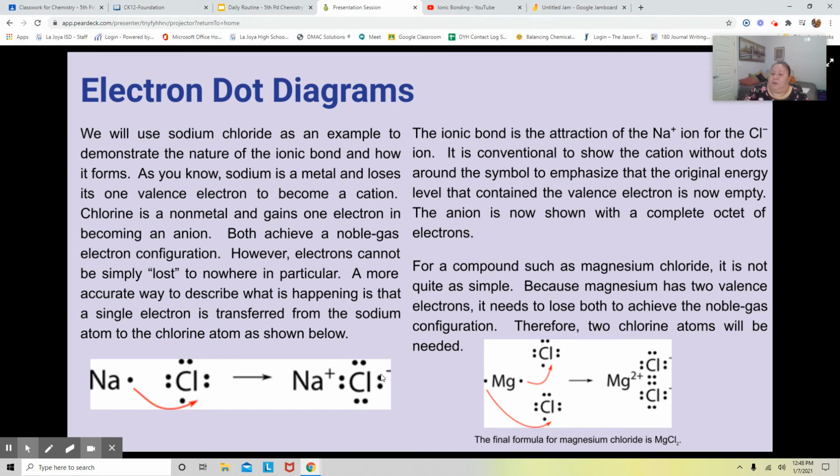So, for the most part, we know that sodium loses that 1 electron, so it can use the lower energy level that already has the octet of electrons. But you don't need to show it for electron dot diagrams. The only thing you need to show is valence, okay?